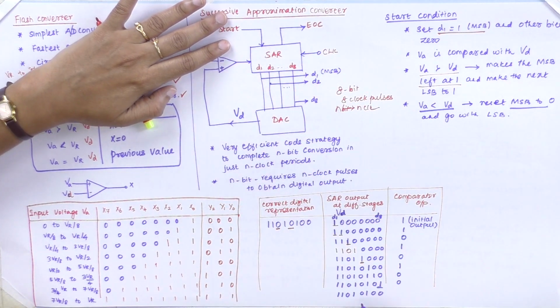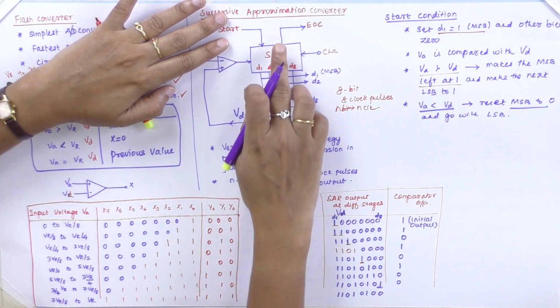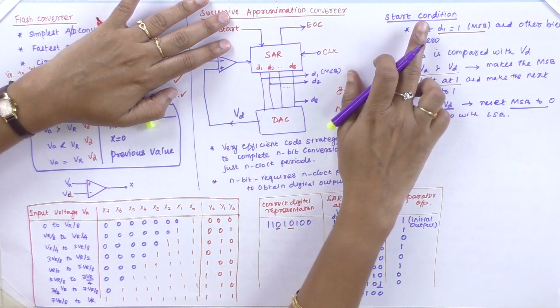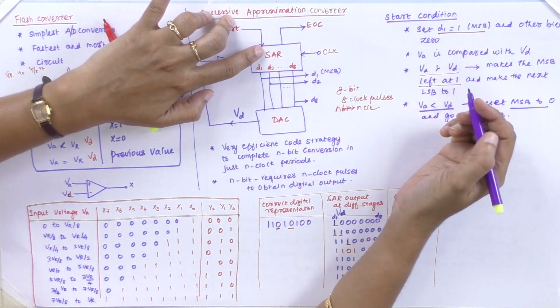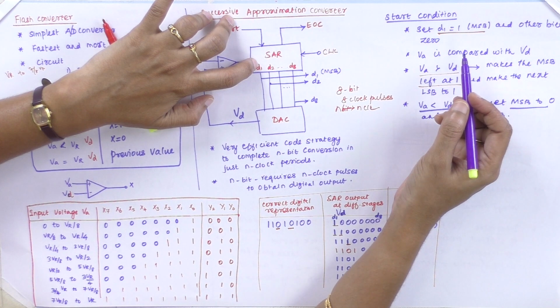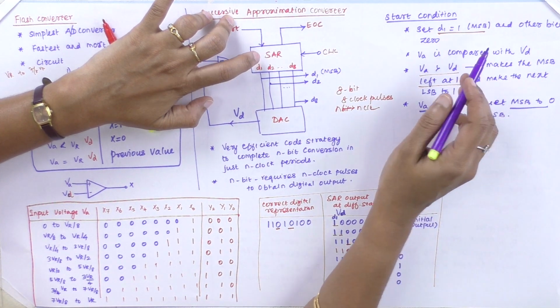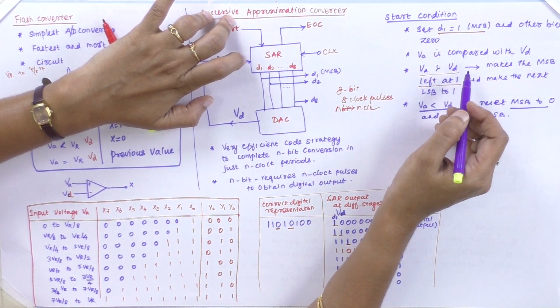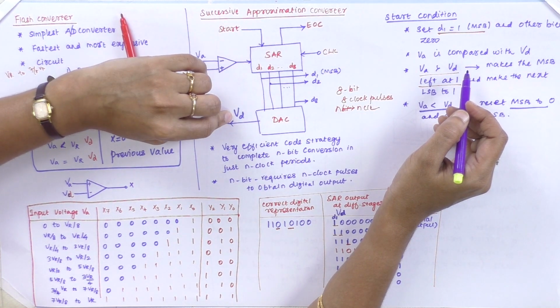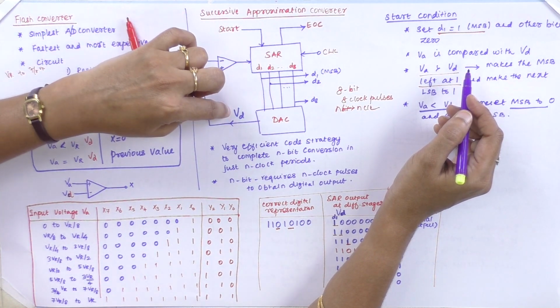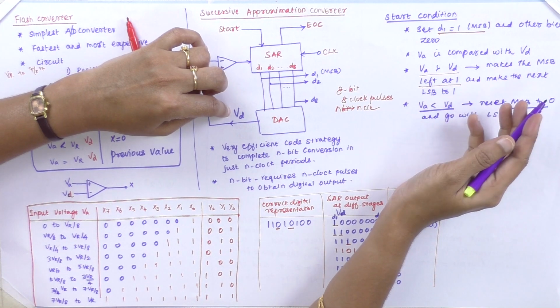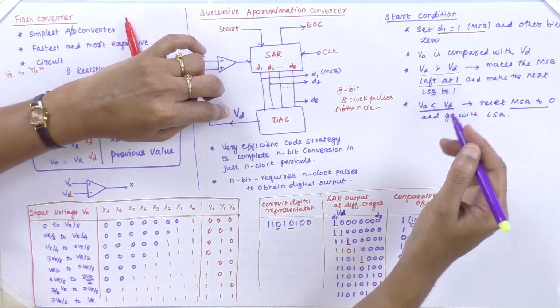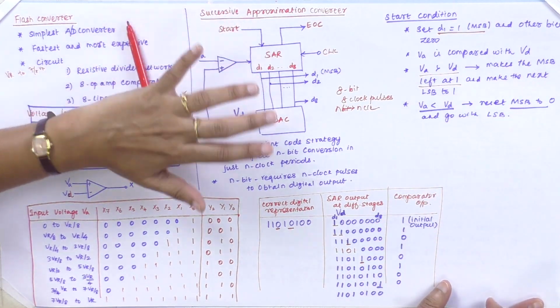Once this ends, your end of conversion comes. Initially you start, next you apply your MSB bit, it's 1 initially, then you process your voltage. VA is compared with VD. If VA is greater than VD, you have to set your MSB value as 1 and make the next LSB 1.